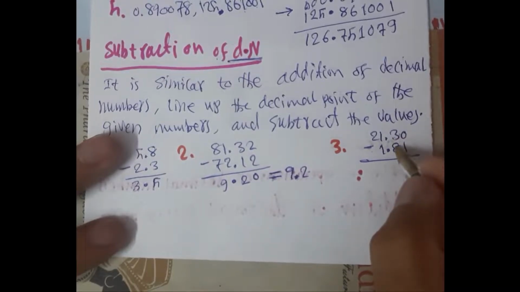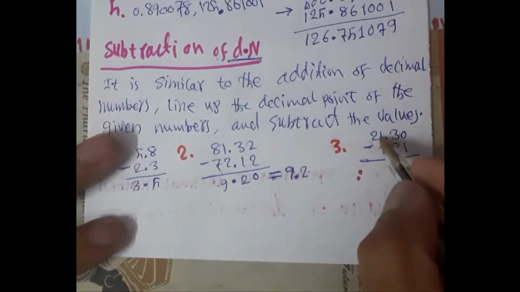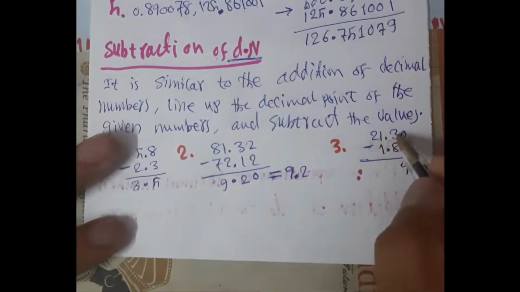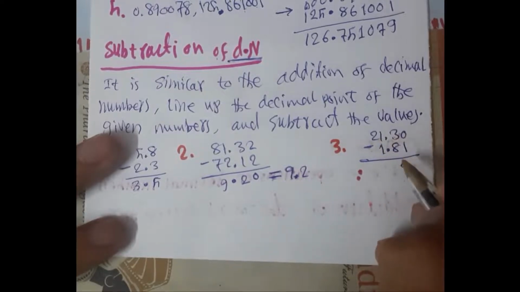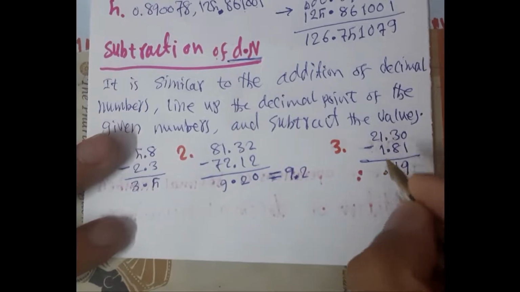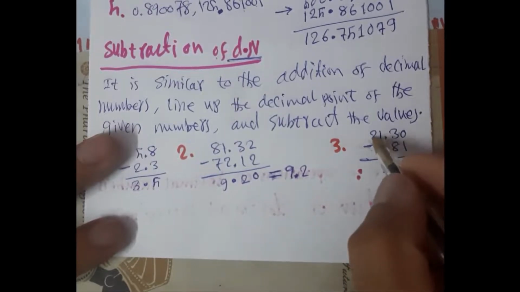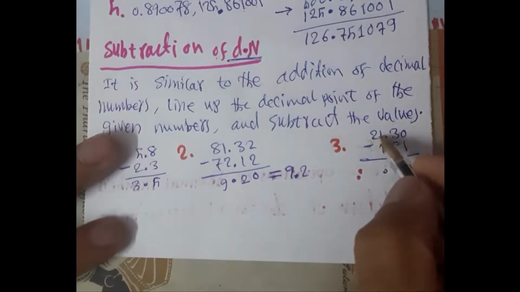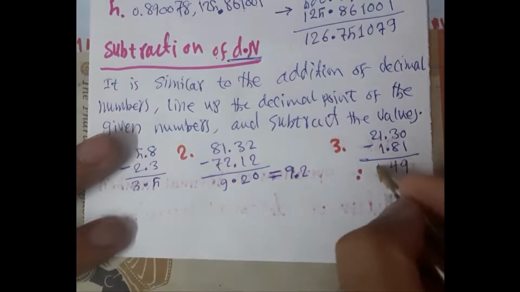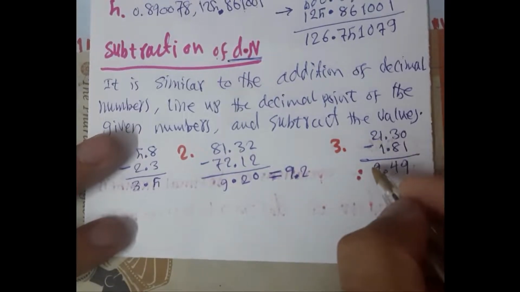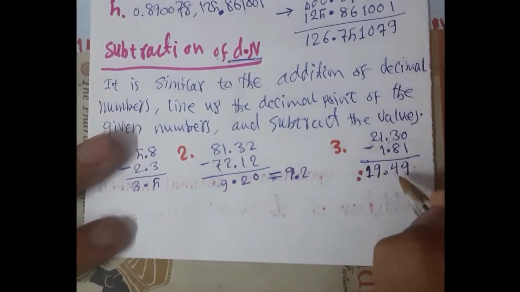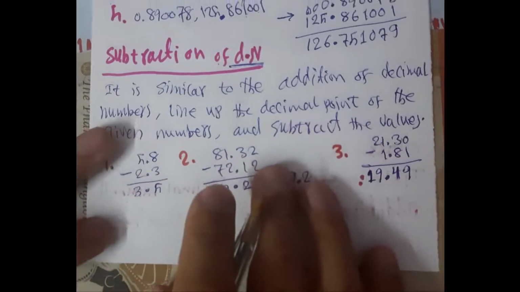Here we have 2 minus 8. It is impossible. We borrow 1 from here. It will become 12. 12 minus 8, 4. Point. Here we have 0. 0 minus 1 is impossible. We borrow 1 from the next digit, it will become 10. 10 minus 1, 9. Here we have 1. 19.49 is the answer.